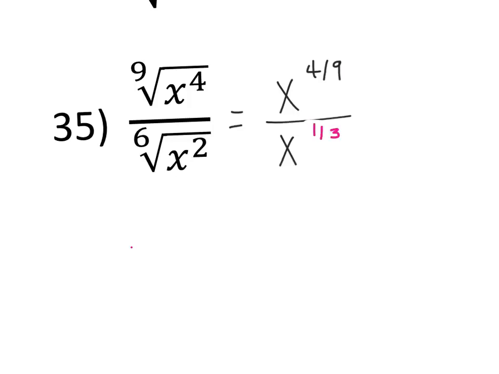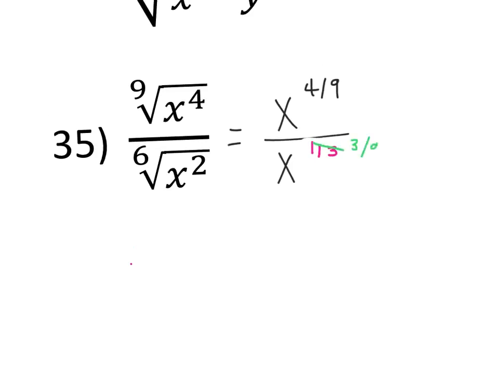And then I can get a common denominator of 9, and then I can subtract these. So this is really 3 over 9. And if I have x to the 4 over 9 divided by x to the 3 over 9, I can subtract those, and I get x to the 1/9, which is really just the 9th root of x. So that would be my final answer.